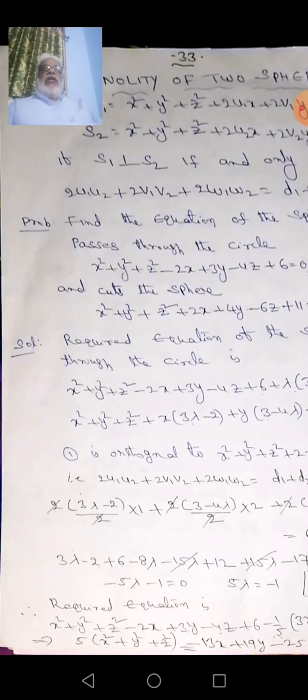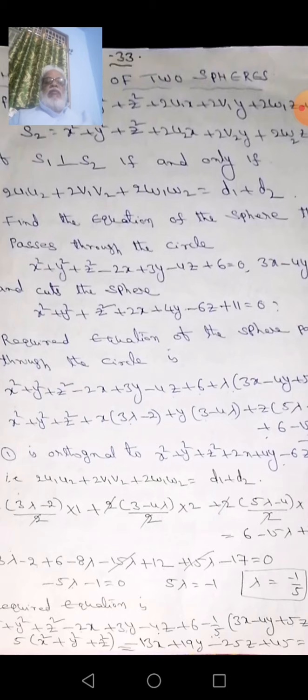The intersecting part of the plane and the sphere is called the circle, we know. So what is the equation of the sphere passing through the circle? That is x square plus y square plus z square minus 2x plus 3y minus 4z plus 6 plus lambda of 3x minus 4y plus 5z minus 15 is equal to 0.